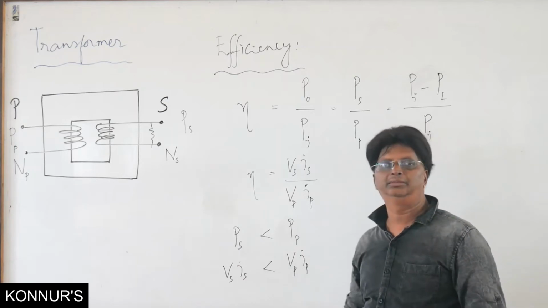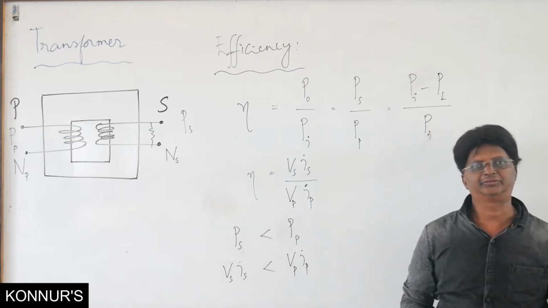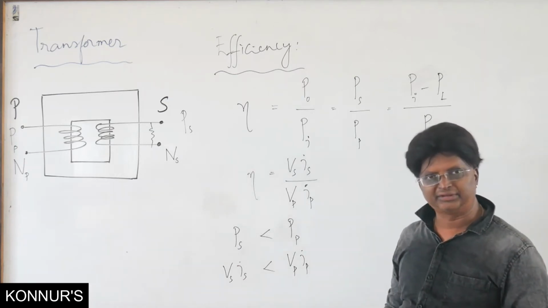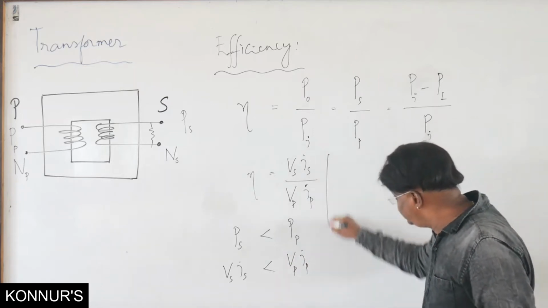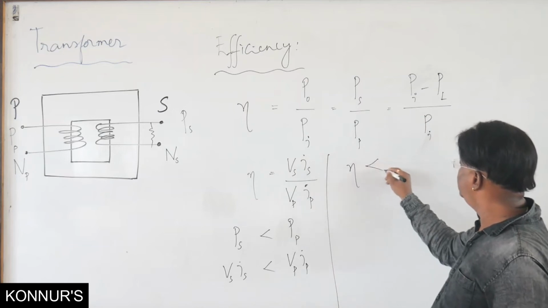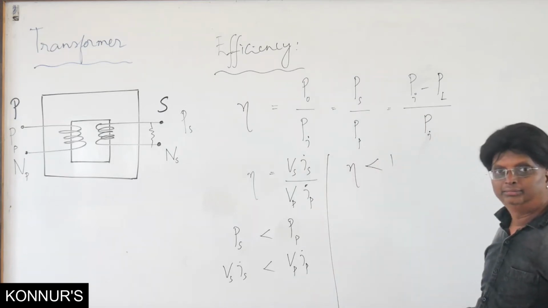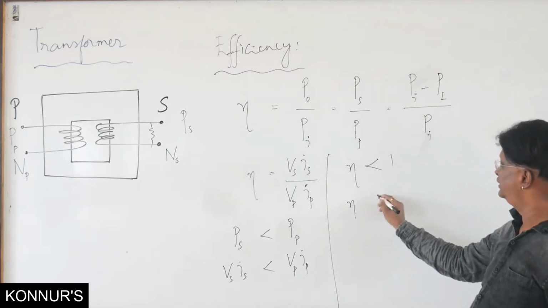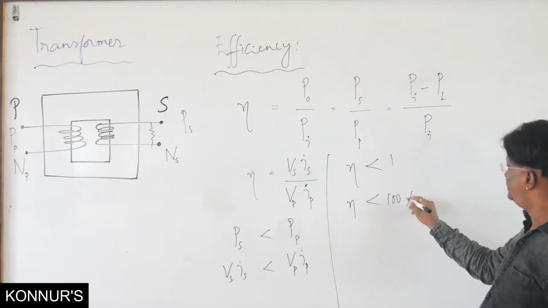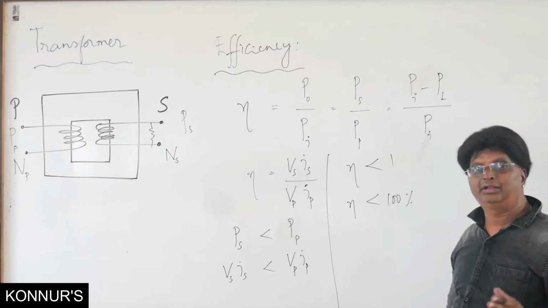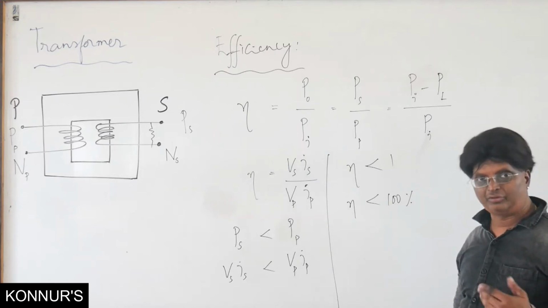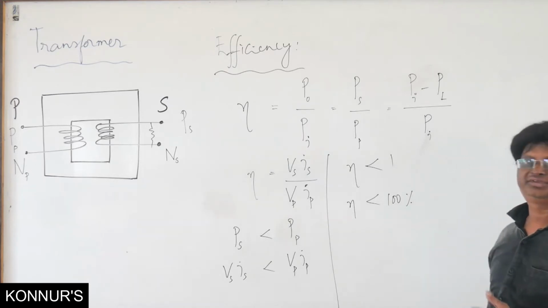The reason being, there are some sources of loss of energy which we will now discuss, important concepts only. And hence, eta is always less than 1, that means efficiency less than 100%. We cannot have that; that is what we earlier called an ideal transformer, which does not exist. Only for that is the efficiency 100%.